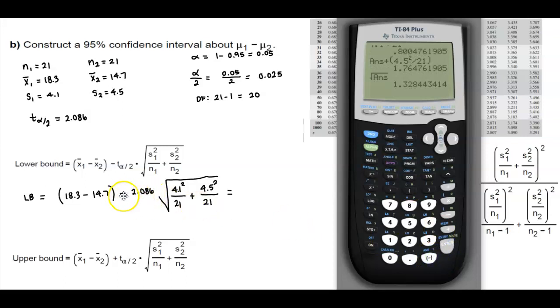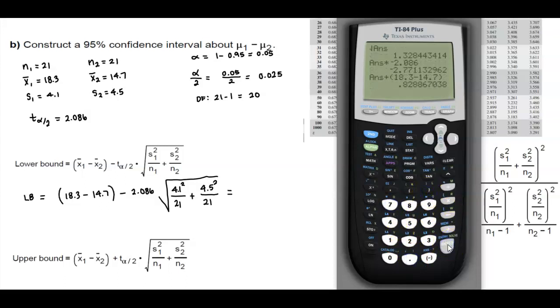Now we're going to multiply it by negative 2.086. So times negative 2.086. Then we're going to add 18.3 in parentheses minus the 14.7 in parentheses.